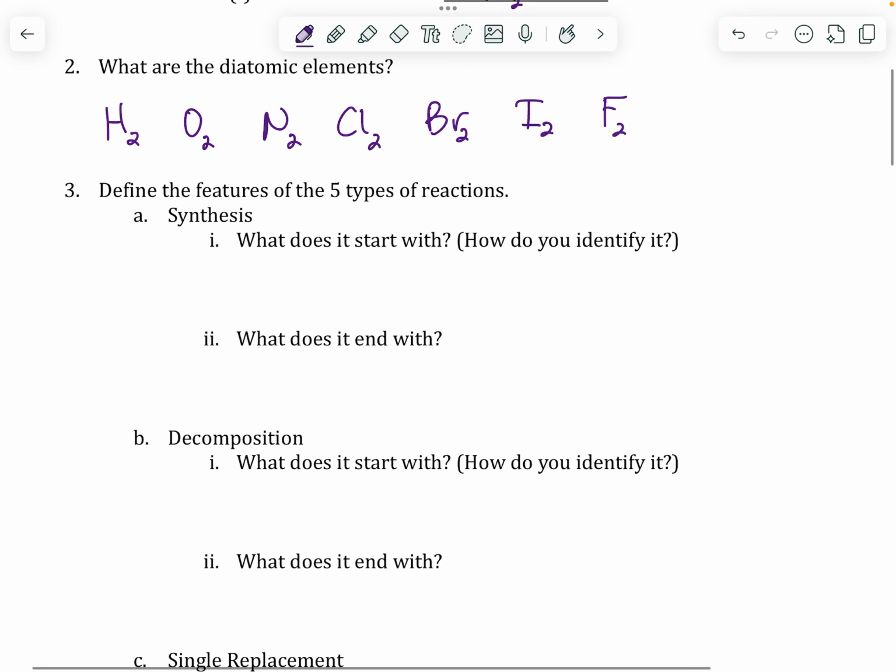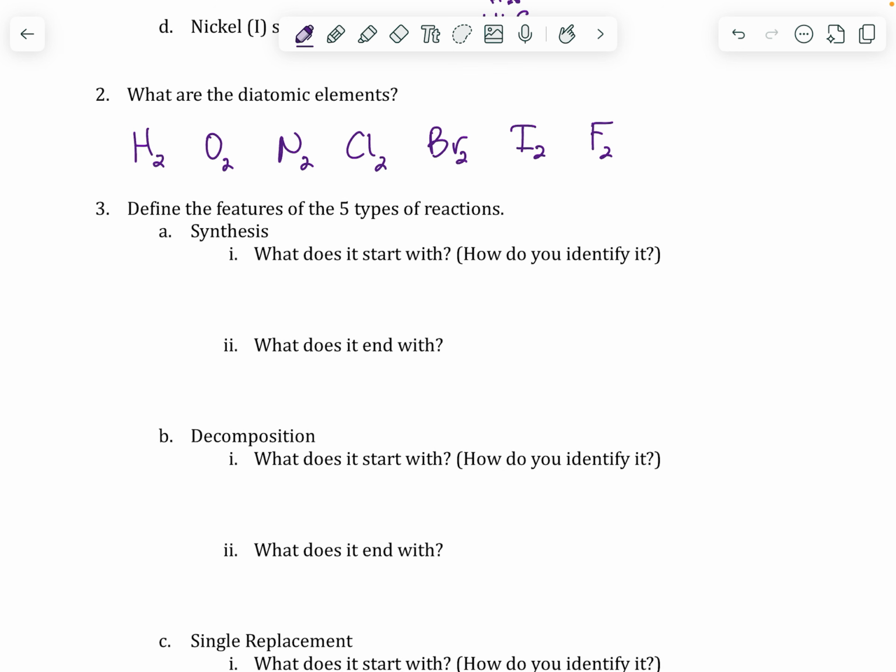And speaking of chemical reactions, here are the 5 that we primarily go through. So synthesis, remember, has a template or a skeleton formula that looks like this. And to synthesize means to combine. So when we say a synthesis reaction, we know that we are starting with 2 elements by themselves, right?